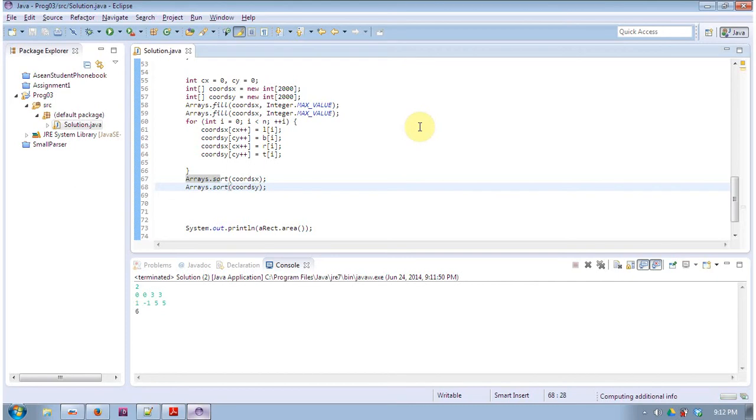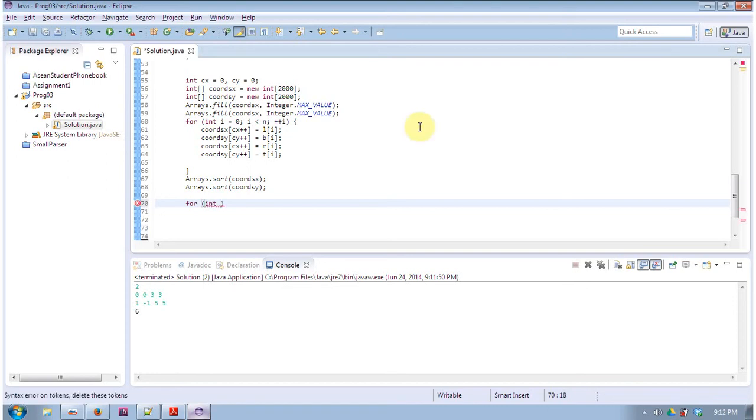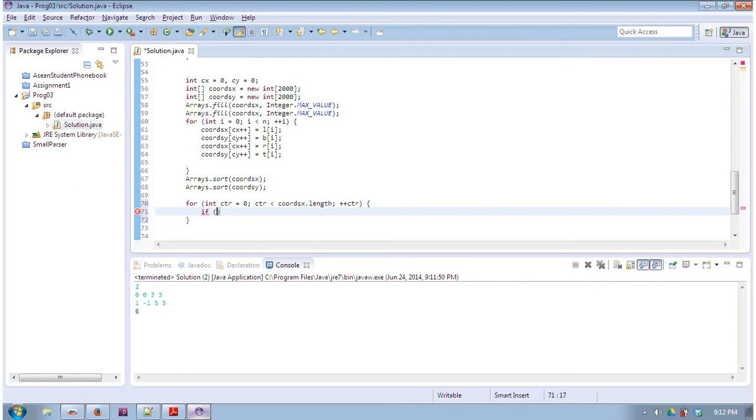Okay, next. So what we have here is that, let's say we print the values. So for int i, let's see here, less than coords length.